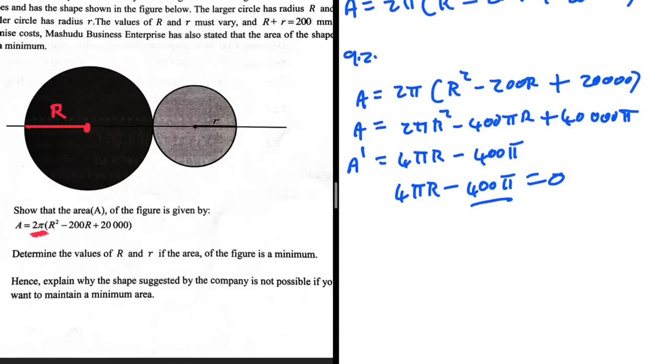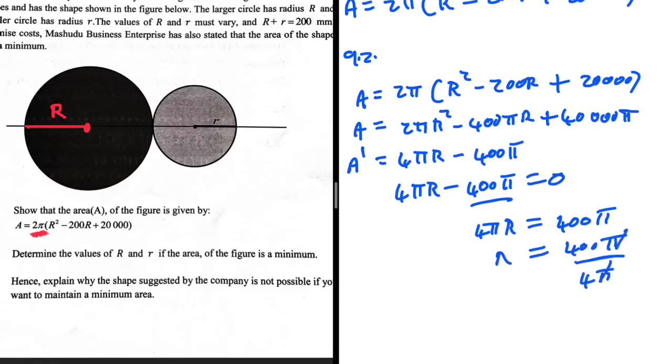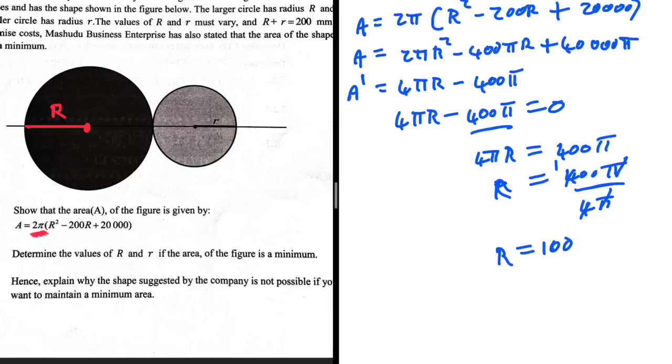Well, we can take 4 as a common factor, but it's okay. Let's just take 400 pi to the right hand side, where it is going to be positive because it was negative. So R will be equal to 400 pi divided by 4 pi. Pi and pi cancel out. 4 divided by 4 is 1. So R is equal to 100.